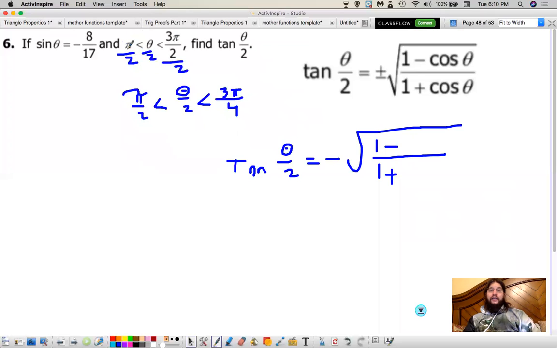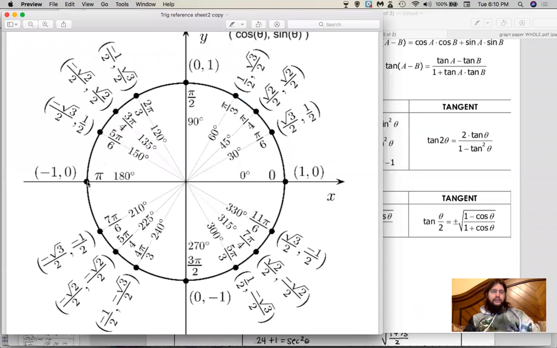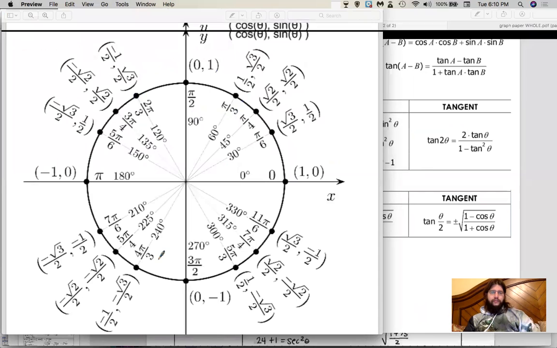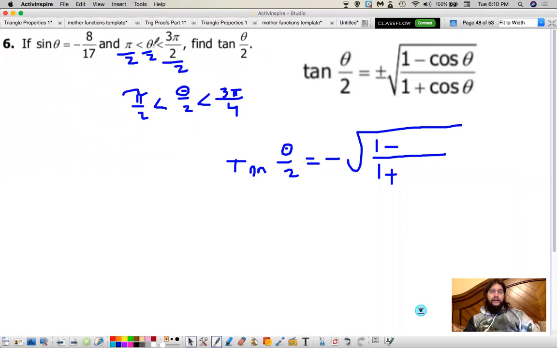Theta is in which quadrant? Theta is in between pi and 3 pi over 2, so theta is in the third quadrant. So we draw the triangle for theta, not for theta over 2. Theta over 2 is in quadrant number 2. Theta is in quadrant number 3.